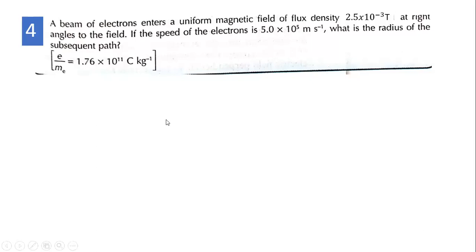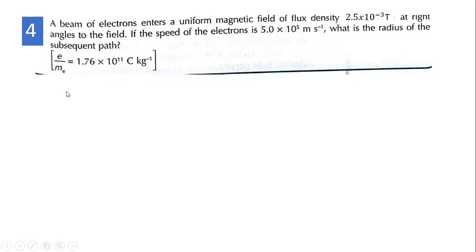Number 4. A beam of electrons enters a uniform magnetic field of flux density, this one, at right angle to the field. If the speed of the electron is given, what is the radius of the subsequent path?